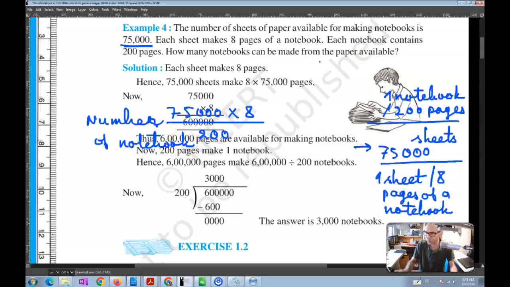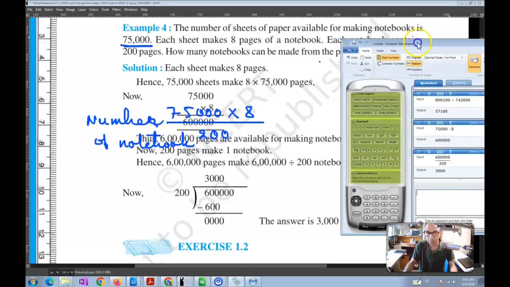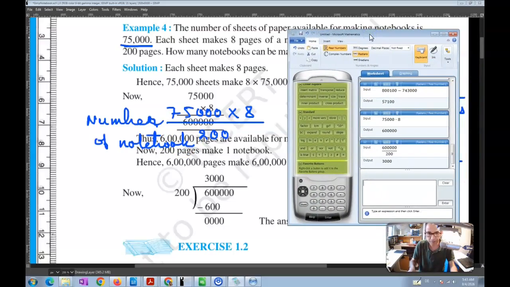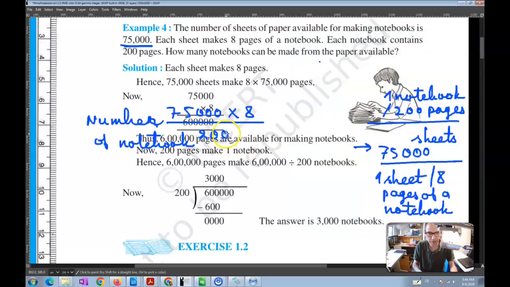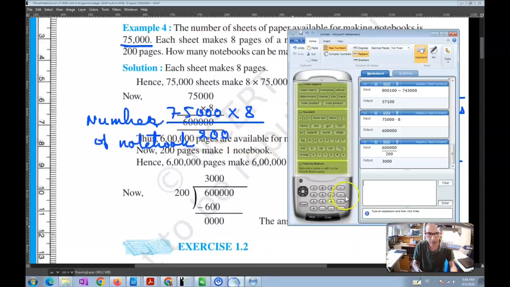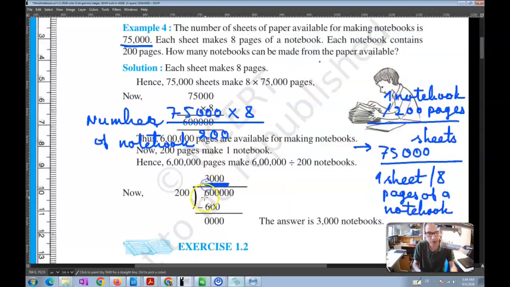And if you do this calculation, you can see that 75,000 times 8 is 600,000, and then 600,000 divided by 200 gives you 3,000, which seems to be the answer that they've gotten over here, right?